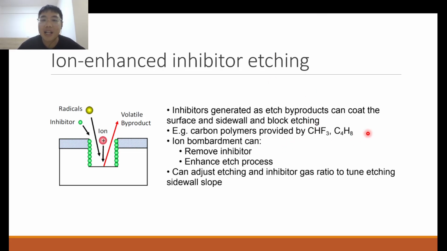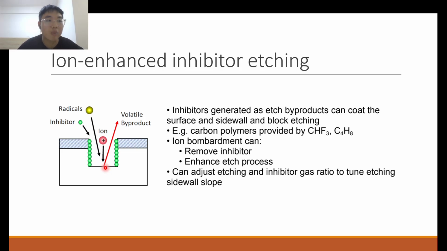For example, if you add carbon containing gases, CHF3, C4H8, into your plasma, then under ion bombardment in the plasma environment they can react and polymerize to form a polymer or carbonaceous layer, and this will coat the surfaces of your trench, on your side wall and also on your bottom.